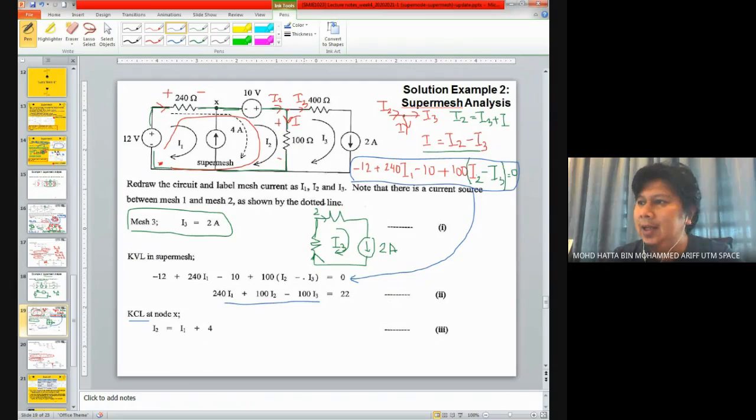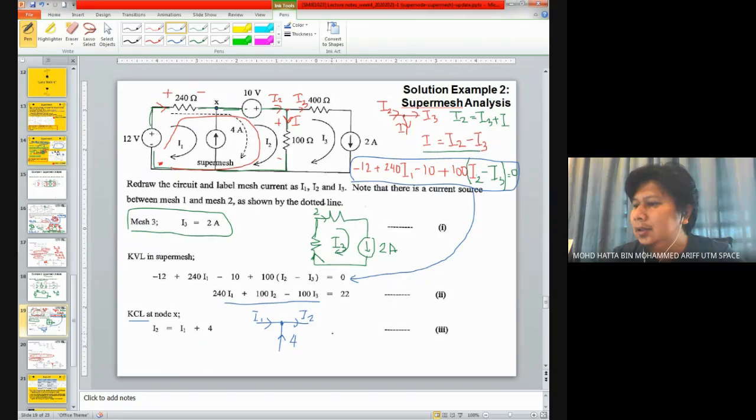And for this KCL, we are looking at this point, X. Looking at X, you have I1, you have I2 over here, and finally I have current I4, which is the current source.